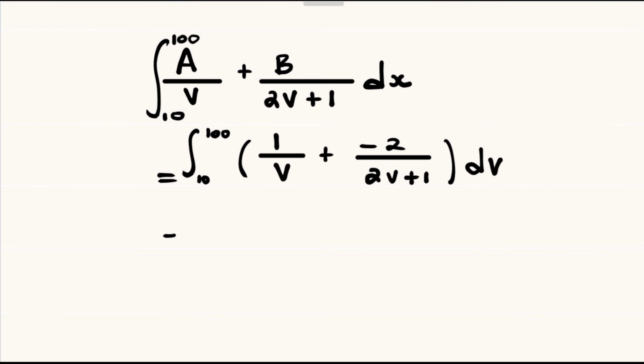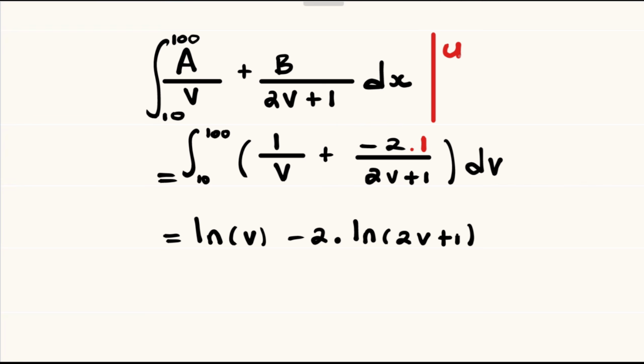The integral of 1 over v is equal to ln of v, minus 2 multiplied by the integral of 1 divided by 2v plus 1, which will be equal to the ln of 2v plus 1. But I suggest we use the u sub method. When we use the u sub method, we let u equal 2v plus 1.